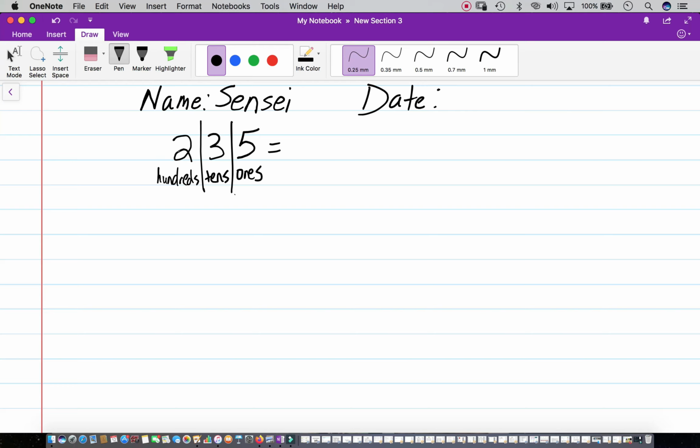Good job. So to put this number into expanded form, I will start in my hundreds. So I have 2 hundreds. So I have a 2, and then I have 2 digits left. So I would write 2, and then I know I would have to add 2 zeros.